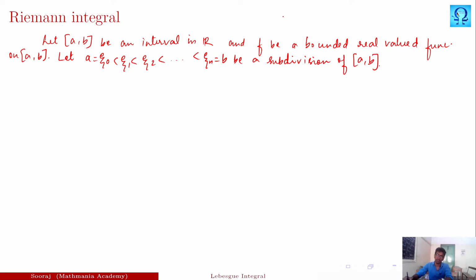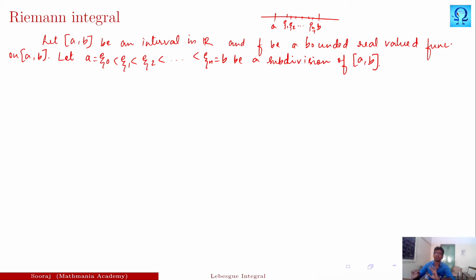What we have done here is that we have the interval [a, b], and in between we have introduced a few points and named them x_1, x_2 till x_(n-1). They need not be equally distant.